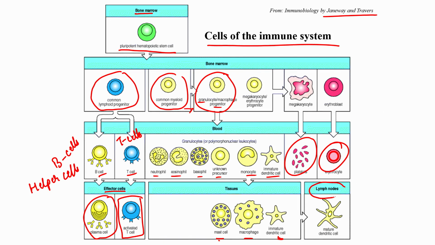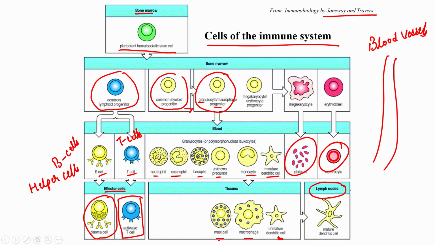And then there are lymph nodes. So, I said that there are blood vessels. Then along the blood vessel there is another parallel network that is called lymphatics. So, let me just take another color for that.